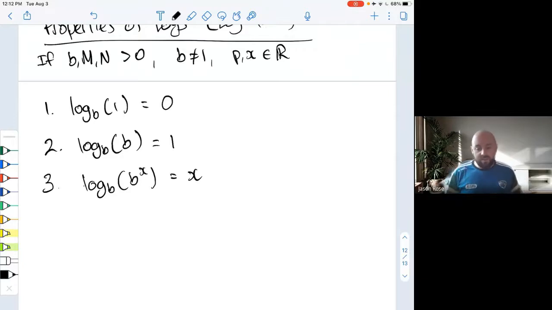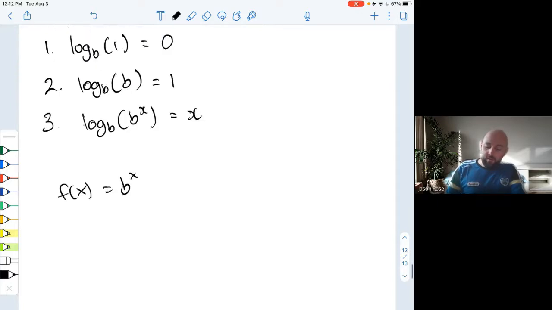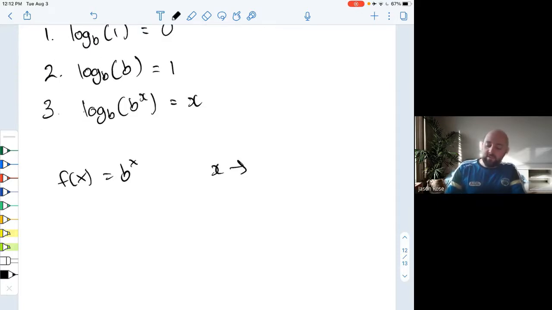another way to understand it is to think, well, a log function and an exponent function are the opposite of one another, right? So if I have a function, let's say it's b to the power of x, then x is being sent to who knows what. Let's call it K, capital K. The log function should undo that and send K back to x again.